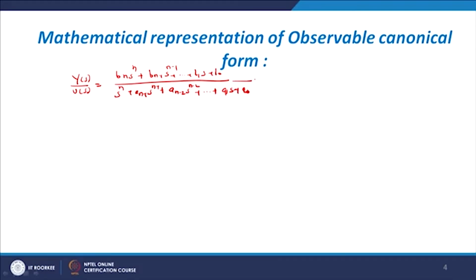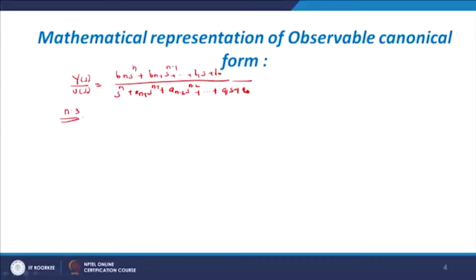Last time, when we determined the state space model, we wrote the equation in terms of x. Now we are concerned with observability, that means with the output, therefore we have to write this equation in terms of y.